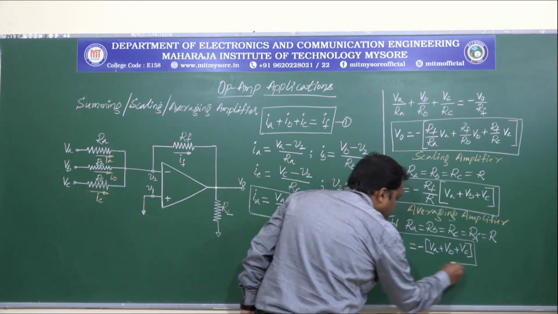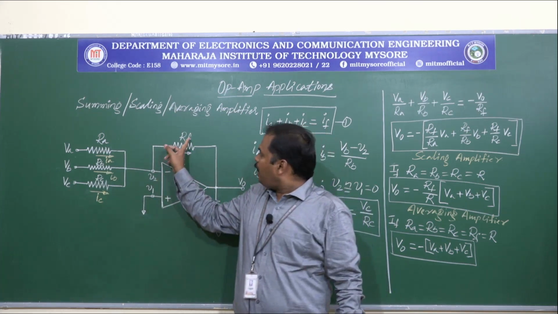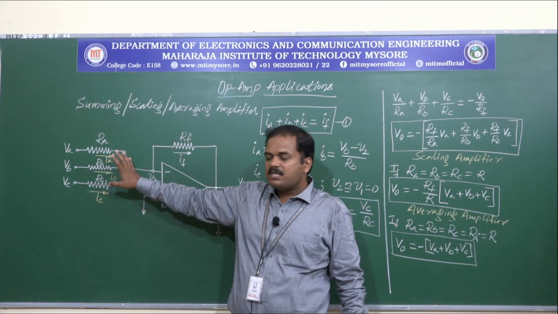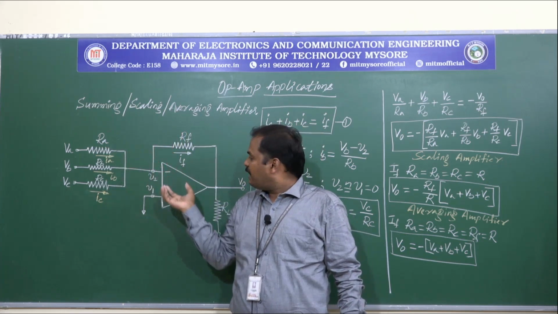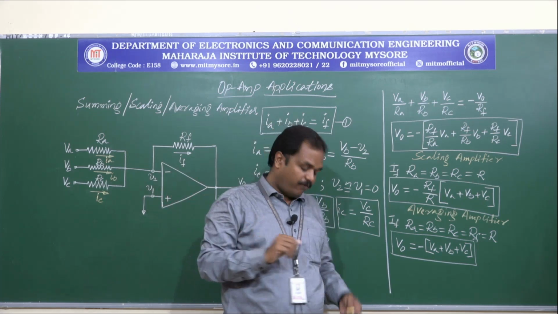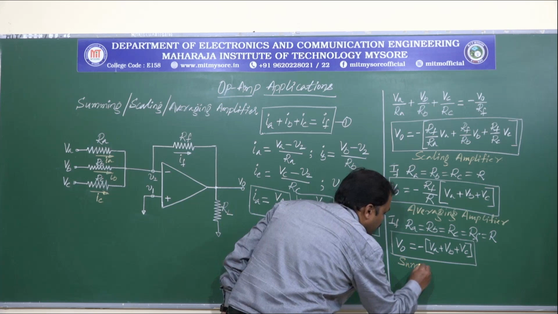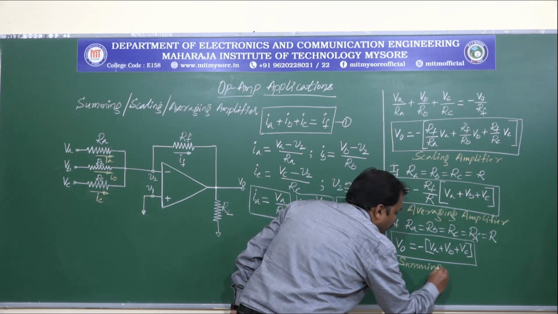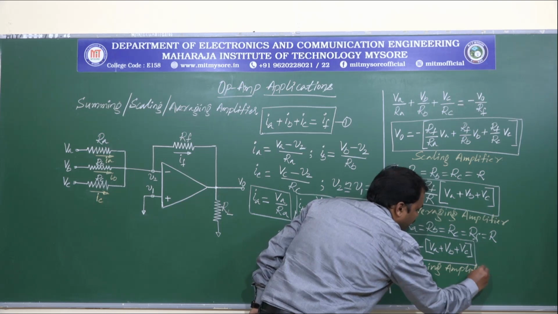So here what we can see is this op-amp circuit, if all the input resistance values and the feedback resistance values are equated, then the op-amp will be working as a summing amplifier with negative sign. So this is the expression for the summing amplifier.